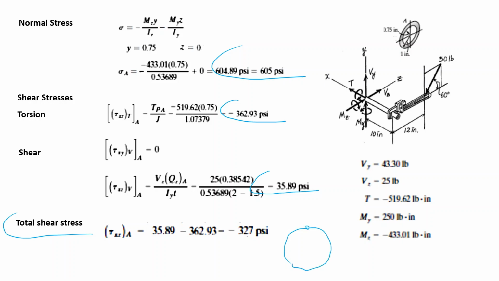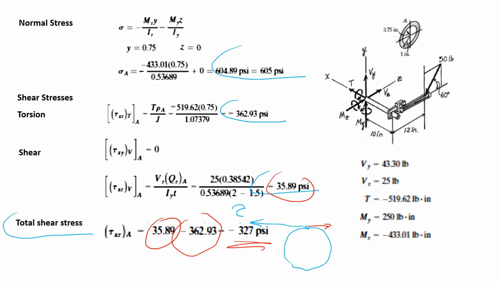As you see, the torsion gives you stress in the negative direction, and this one gives you one in the positive direction. So minus 362 plus 35 gives you minus 327.